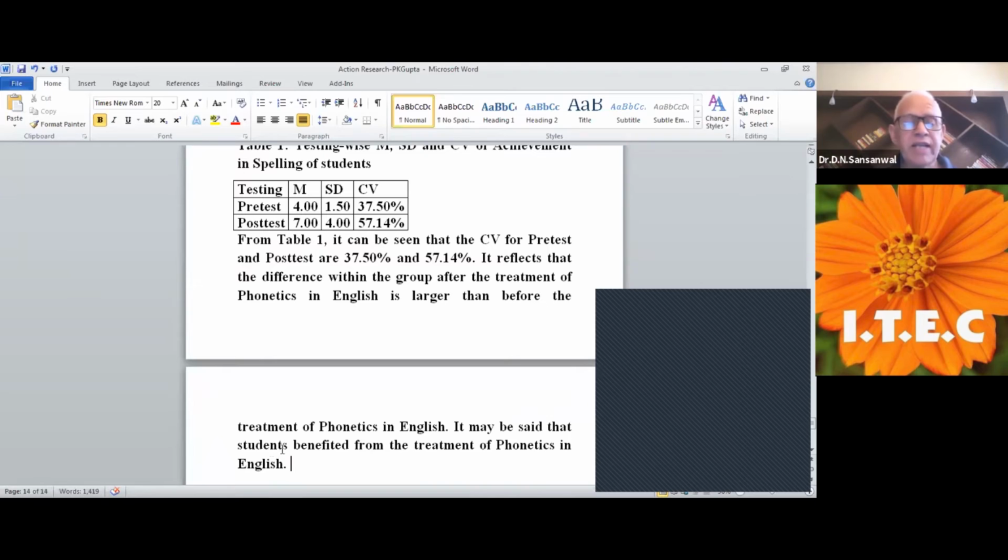It may be said that students benefited differently. Why differently? Some might have benefited more and some might have benefited less. This is how the interpretation of the coefficient of variation will be. And you cannot test the hypothesis here. It's very simple. So the B.Ed student may like to do this.